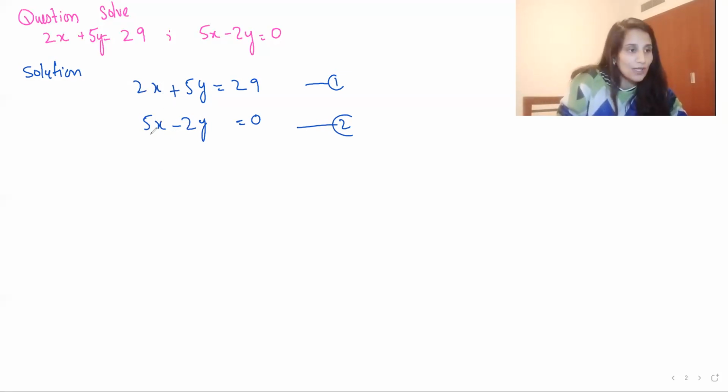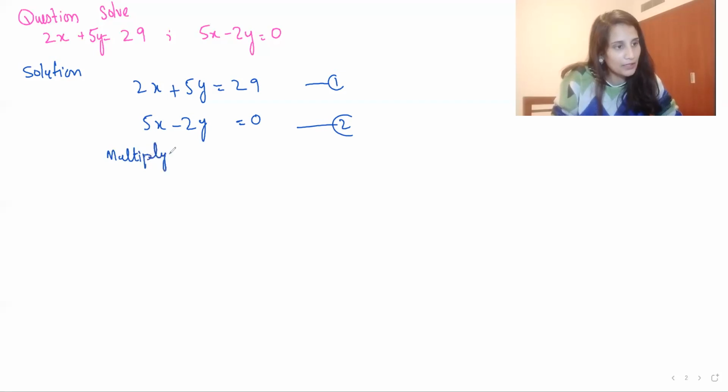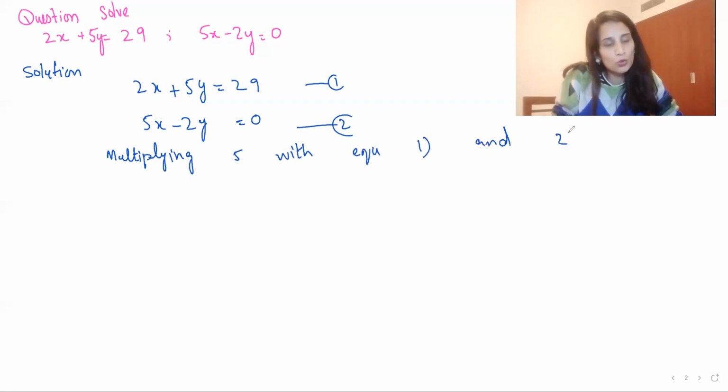So, multiplying 5 with equation 1 and 2 with equation 2.